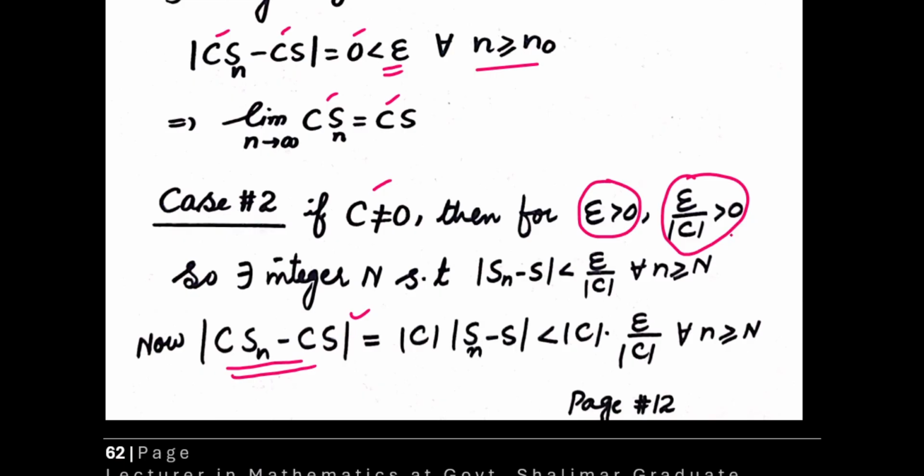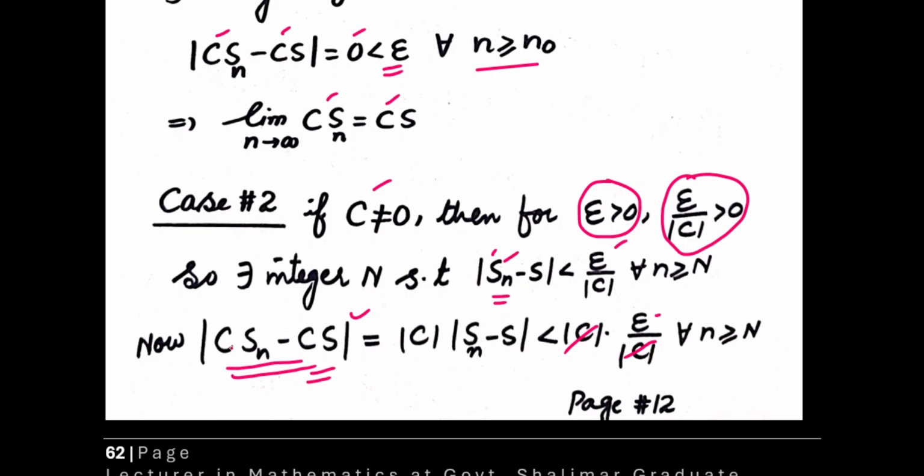So I will choose some expression in such a way that after cancelling this C, this expression becomes finally less than epsilon. So by using the convergence of the sequence Sn, there exists an integer n such that as Sn converges to S, for every positive real number epsilon, and for this Sn I am setting epsilon equal to epsilon by absolute C. So this is less than epsilon by absolute C by the convergence of Sn.